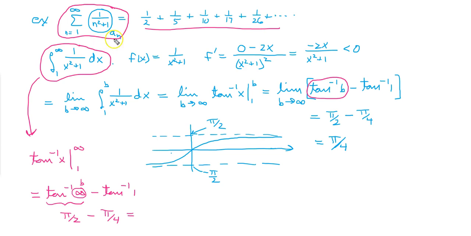Alright, so that's how we use the integral test for this example. Let's take a look at another one. Let's look at what we called our harmonic series before. Just a simple sum of 1 over n.